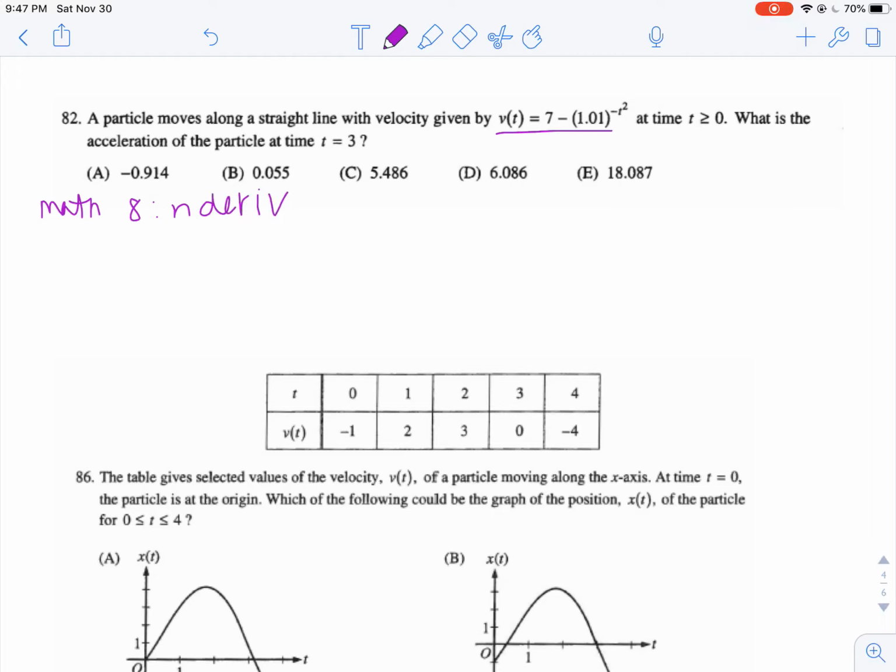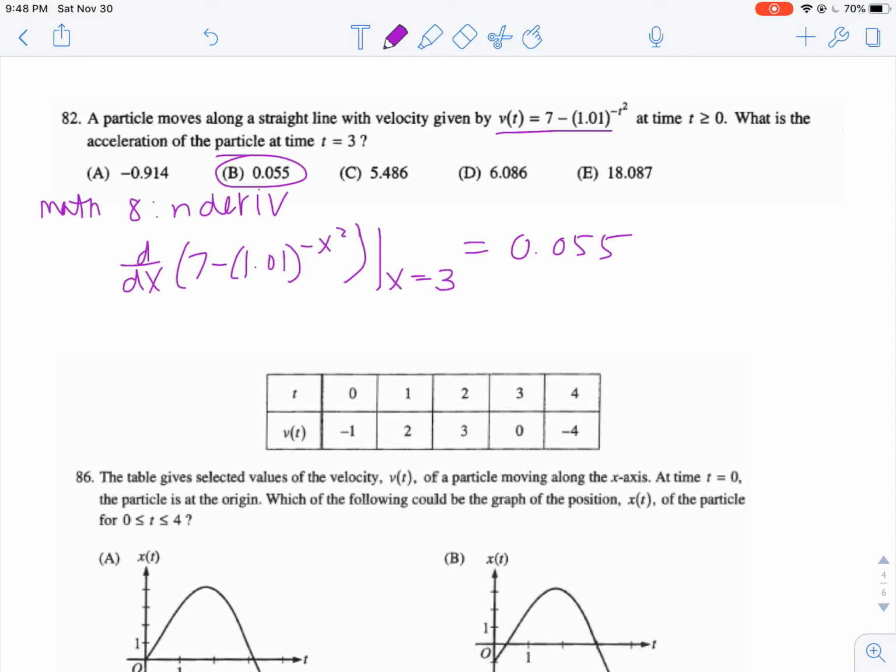And then you're going to type in d/dx, 7 minus 1.01 to the negative, just using the variable x instead of t. Then you're going to say x equals 3. It'll just calculate it for you, and you get 0.055 when you plug that in. So the derivative of velocity is acceleration. That's why you're putting it in like that.